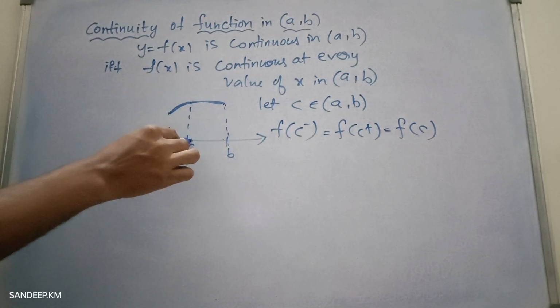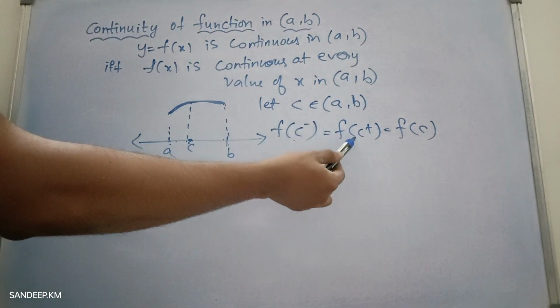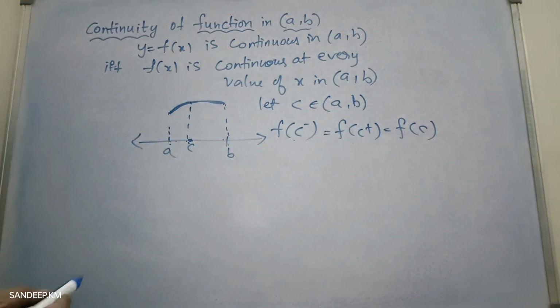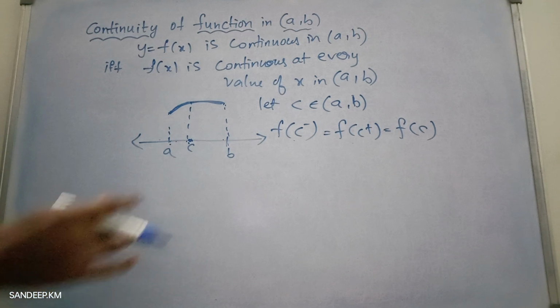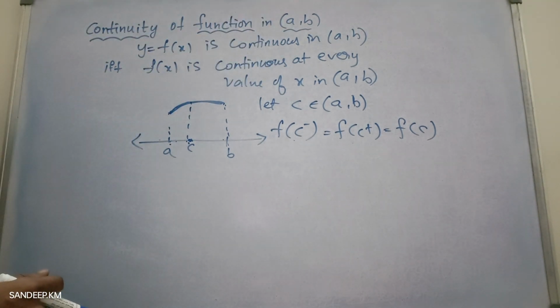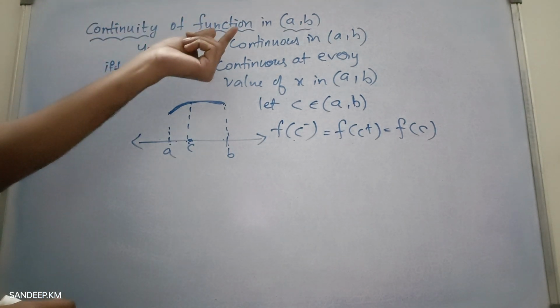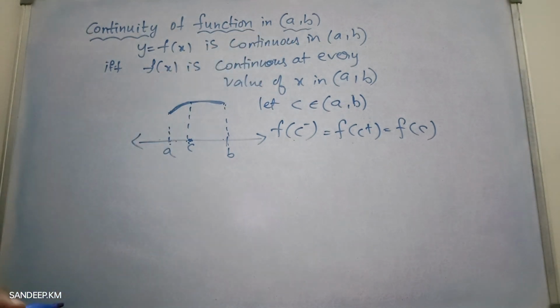At that particular input, the left hand limit should be equal to the right hand limit, which is also equal to the value of the function. If that is the case, we say that the function is continuous in the open interval a comma b. I hope you understood this. Now let us understand the meaning of the continuity of a function in the closed interval a comma b.